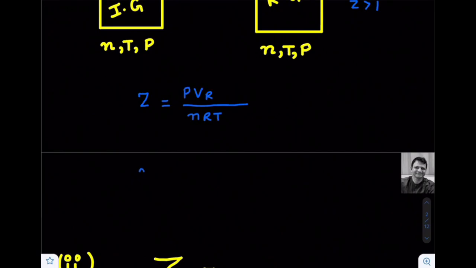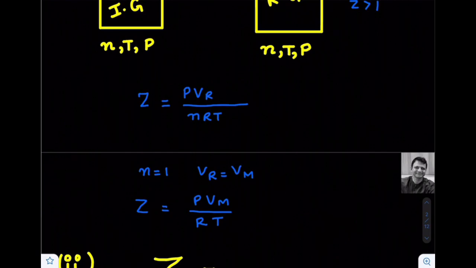If the number of moles of the real gas is equal to 1, then the volume of real gas is equal to the molar volume, meaning there is 1 mole of real gas in the container. So we can write that Z is equal to PVm upon RT. Most of the time when we are using van der Waals real gas equation, we are taking 1 mole of the real gas and we are writing the value of Z in this form.